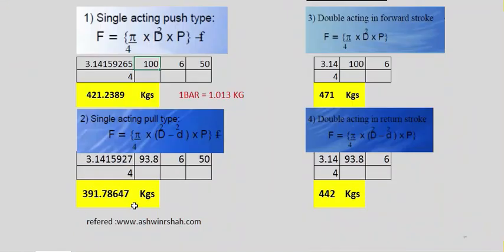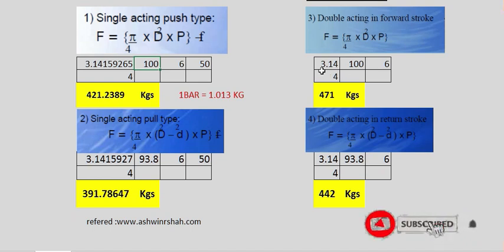If it is double acting push, there will be a piston rod also, so you have to subtract the rod diameter, so then my 100 becomes 93.8. Then the same operating pressure of 6 and reduction of spring force, and then it is going to be 391.